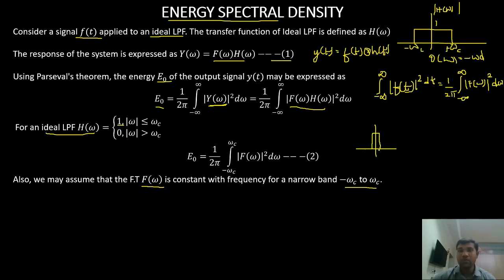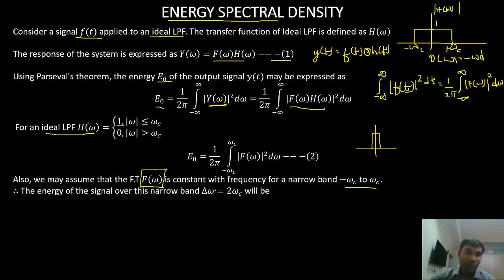Since I'm assuming a very narrow band, within it I can consider my Fourier transform F of omega to be a constant value. There's not much variation in the frequency for the signal to change. That is what I am assuming. So when I assume a narrow band, I can assume F of omega to be a constant.